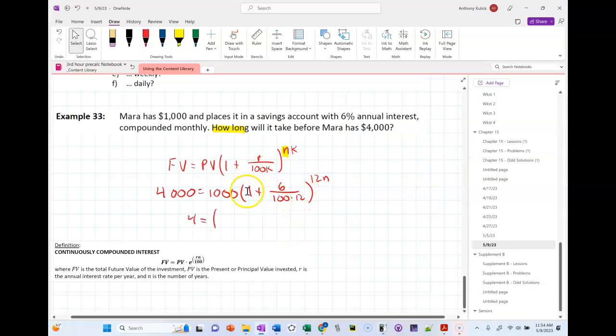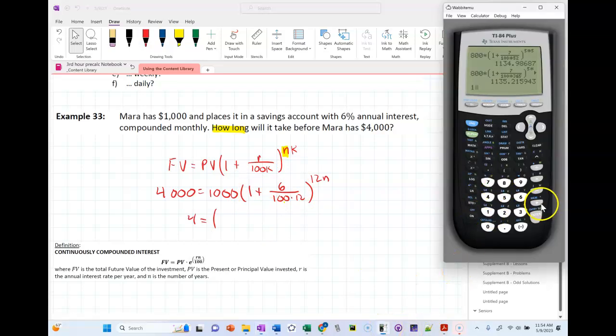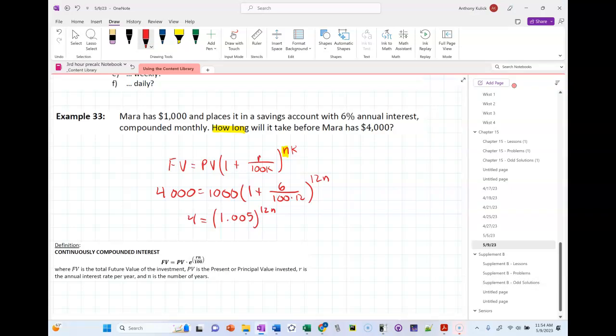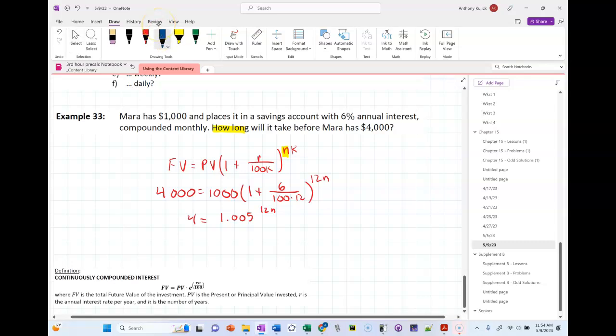And I'm actually going to do this in my calculator and just turn that into a decimal. I'm going to do the 100 times 12 in my head so I don't have to use a bunch of parentheses. I don't really need that parenthesis there. Okay, now what? We're going to take the log base 1.005.